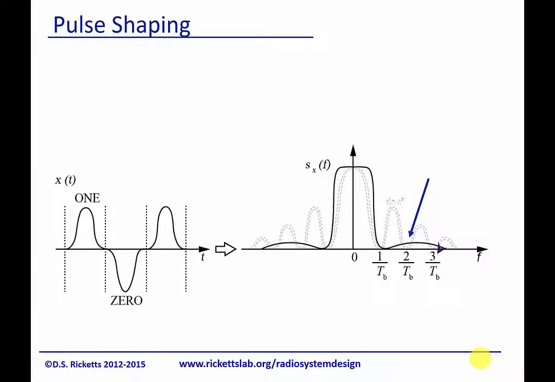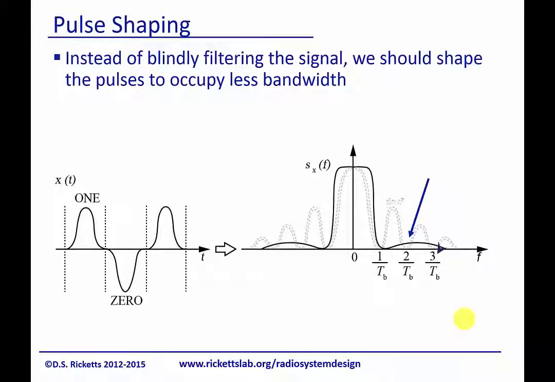So let's have a thought here. Instead of blindly filtering the signal, maybe we can shape the pulses to occupy less bandwidth. What if we found a way to make a smoother transition between each pulse?